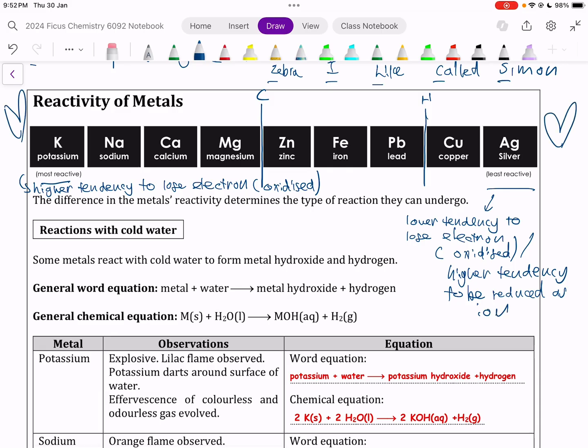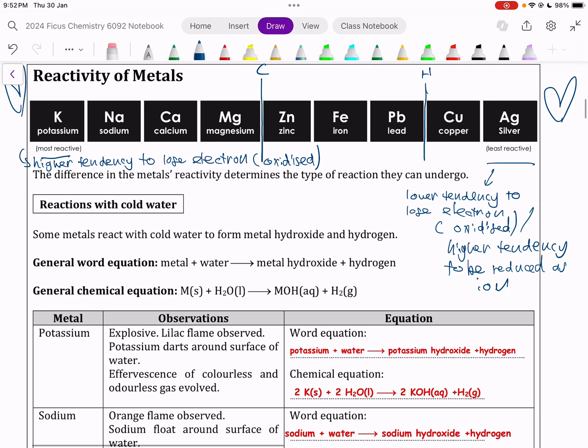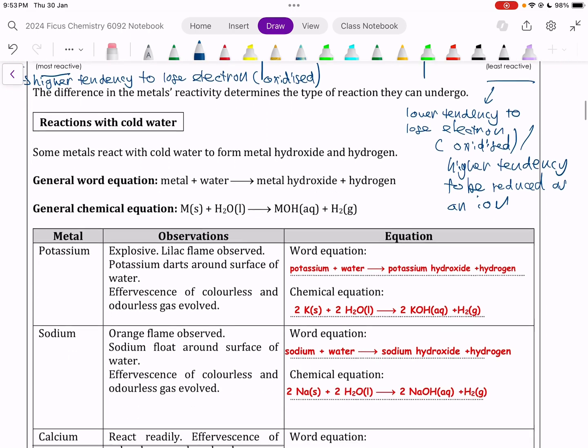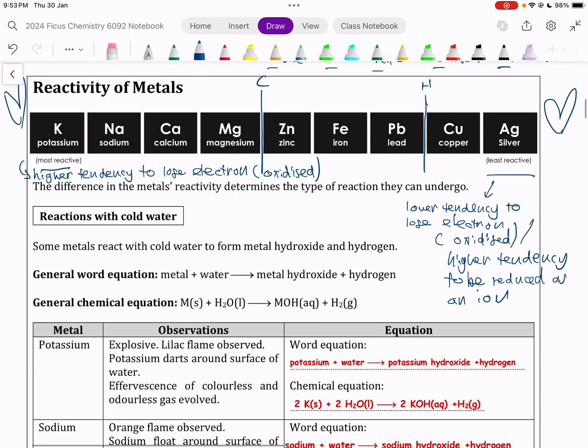I want to stress this because later, when we discuss metal displacement reactions, sometimes you need to elaborate in terms of the electrons. Higher tendency to be oxidized, or lower tendency to lose electrons, or higher tendency to be reduced as an ion for the less reactive one. Please note down this part, very important.